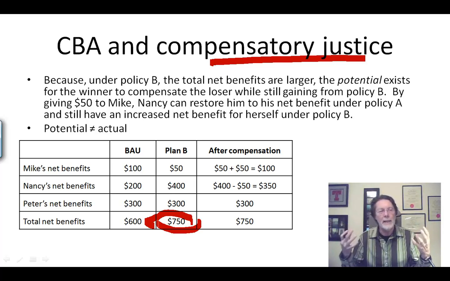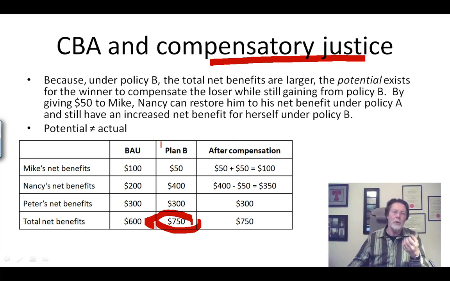It basically means that the winners can actually have gained enough to compensate the losers. So we could have a third option, which is that Nancy, who made $200, and Mike, who lost 50, maybe Nancy should be obliged to restore Mike to where he was under business as usual.